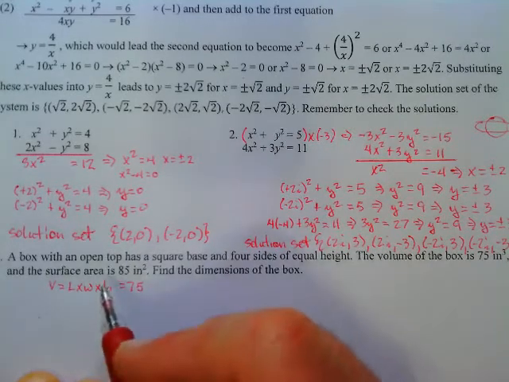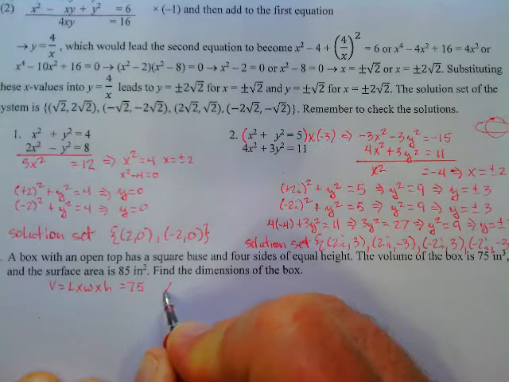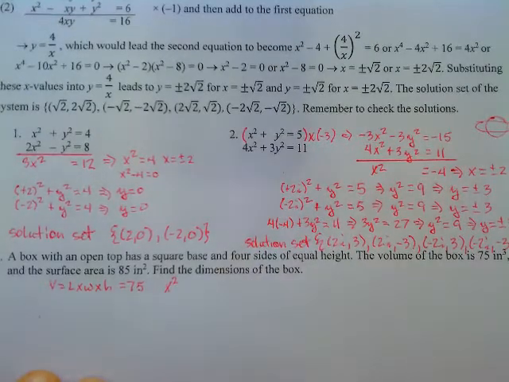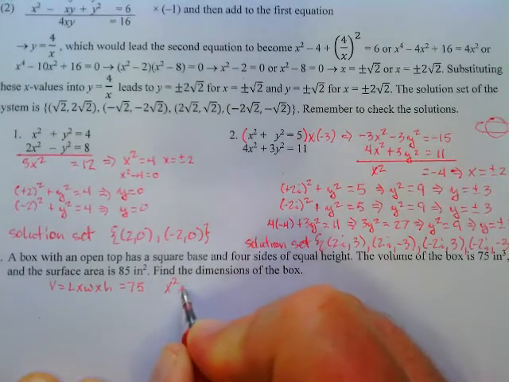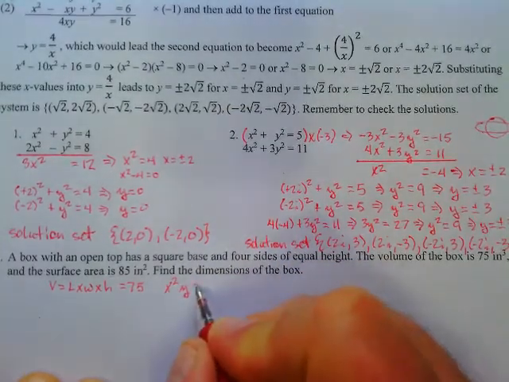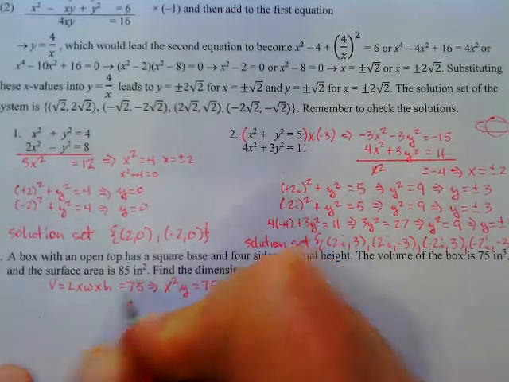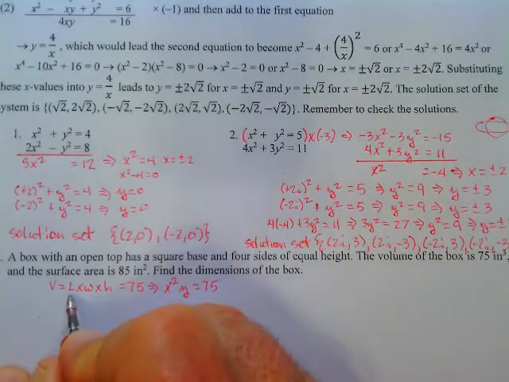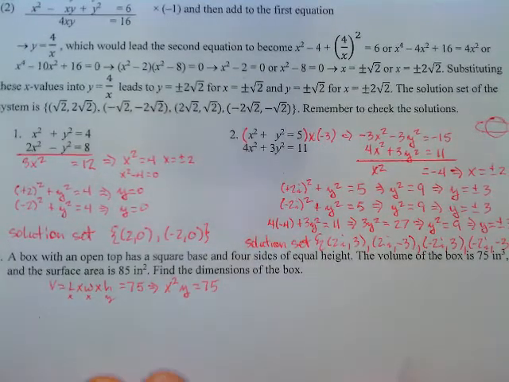Let's just say the length and width are x. So length times width would be x squared, and we're going to use y for the height, and then that will equal 75. So we made that an x, that an x, and that a y to make that happen.